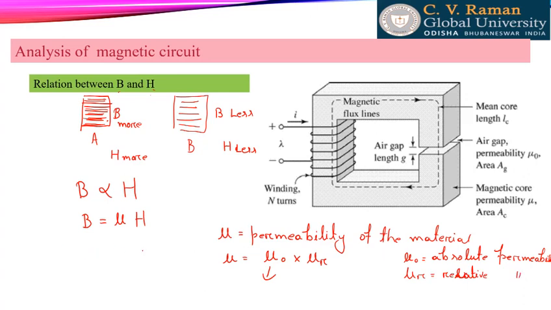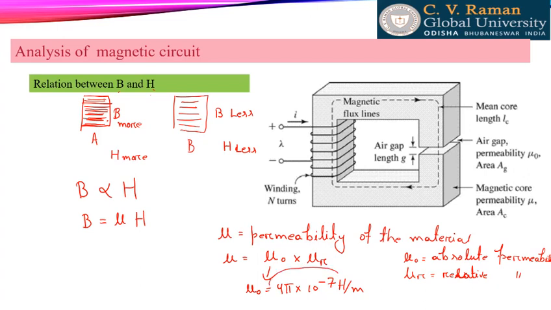And mu naught value is, please remember, very, very important, mu naught value is 4 pi into 10 to the power minus 7 H per meter. So no need to use this unit always.